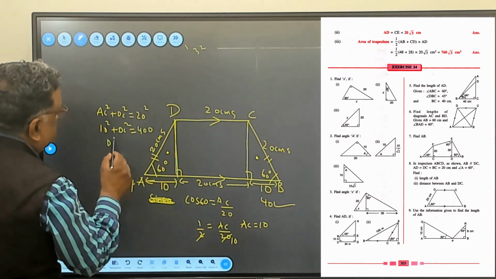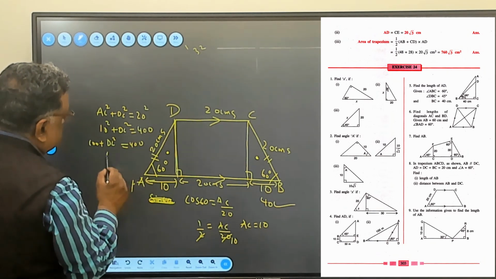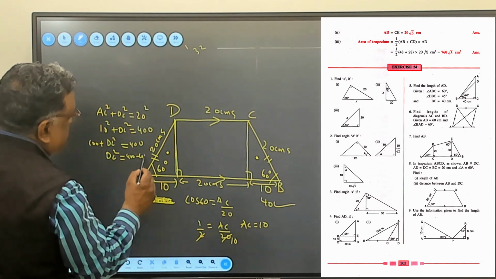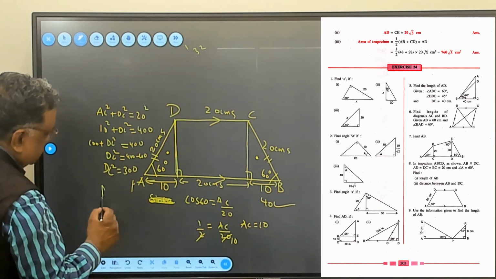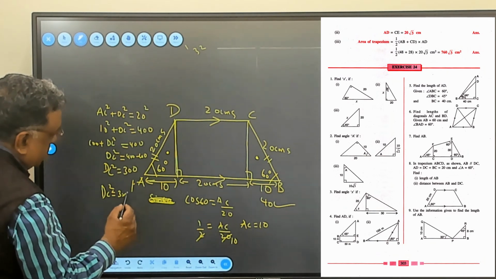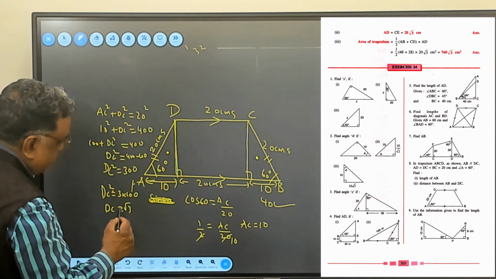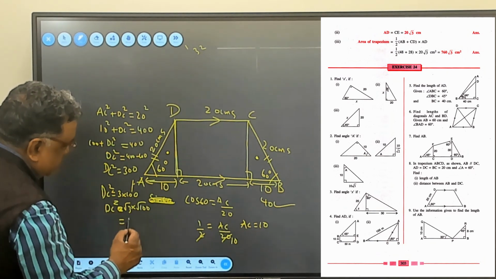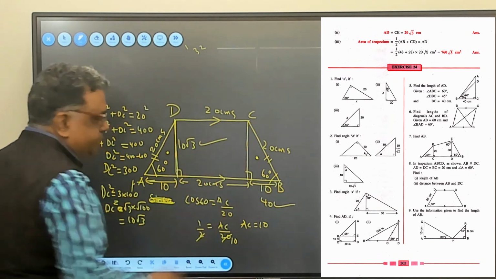So DC square, this is 100 equals to 400. So DC square is 400 minus 100, so DC square is 300. So DC square is 3 into 100. So DC will be square root of 3 into square root of 100. That is 10 root 3. So this distance is 10 root 3.